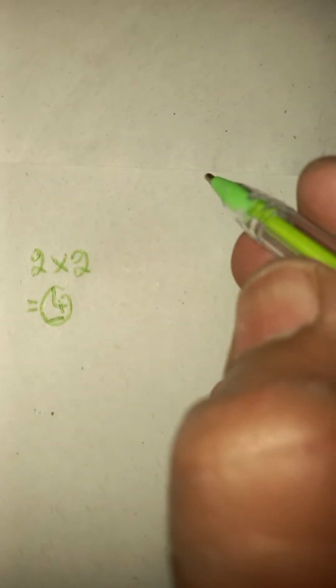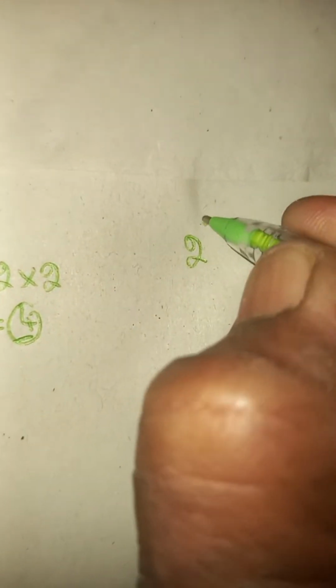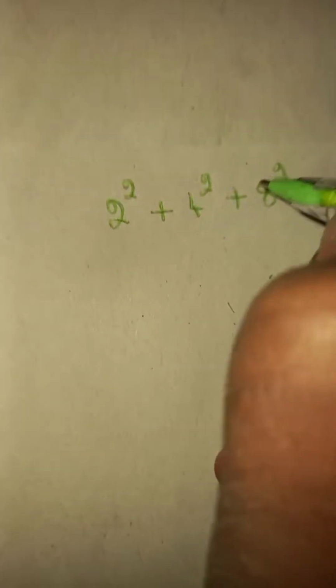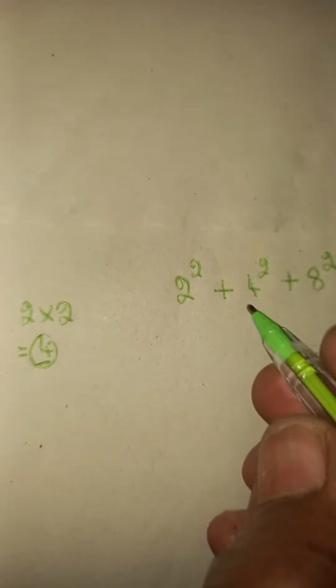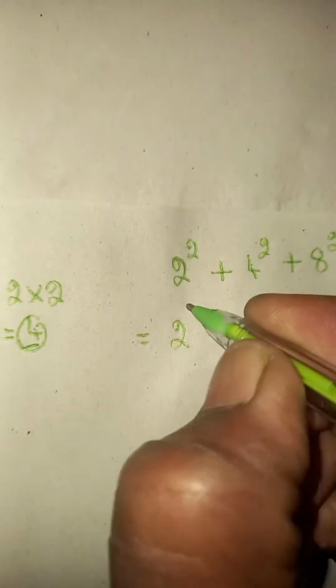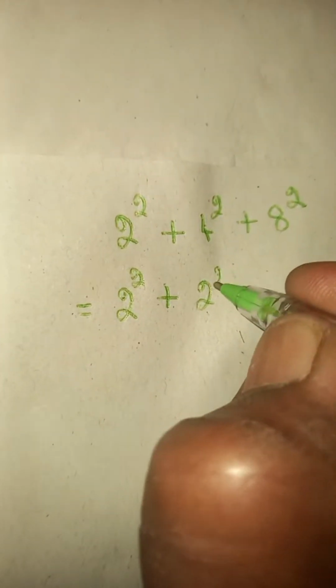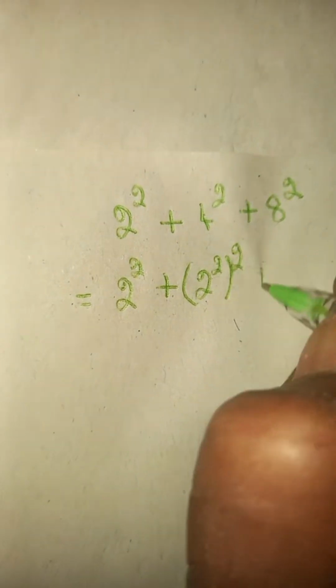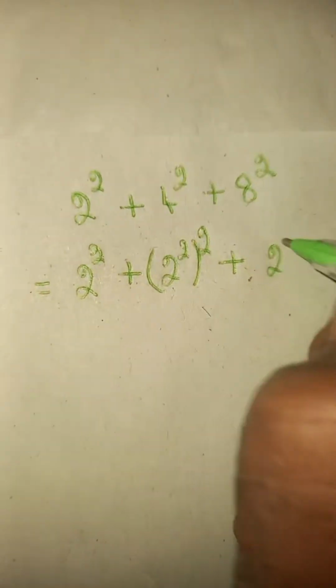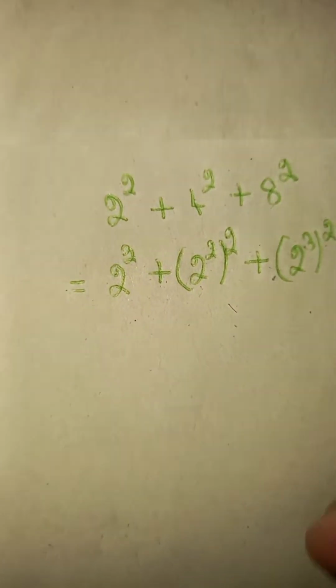Let's take more problems. Here you need to add these numbers, that is 2 square plus 4 square plus 8 square. To add this you need to first simplify them. 4 square you can write as 2 square within a whole square, plus 8 can be written as 2 cube and whole square of that.